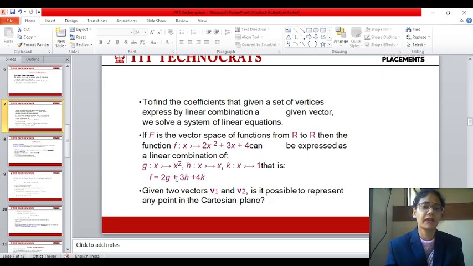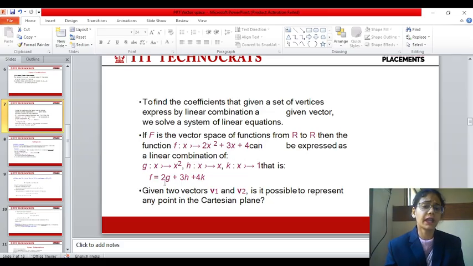You can see here we have an example. Suppose f is a vector space from real numbers to real numbers over a quadratic equation. F could have a quadratic equation. So if 2, 3 and 4 are taken as scalar numbers, then what are the vectors? The first vector is x square, the second vector is x, and the third vector is the constant 1.